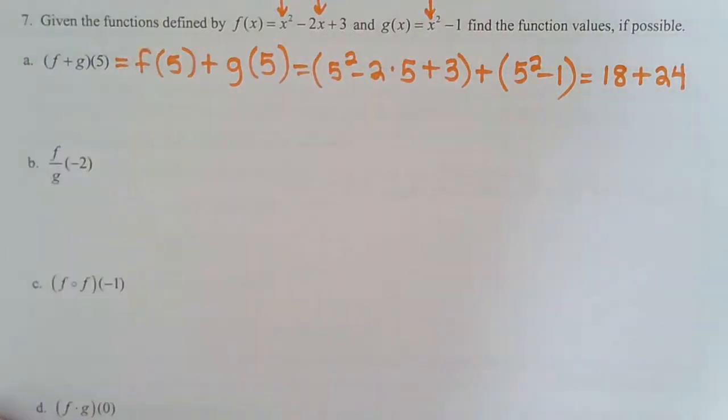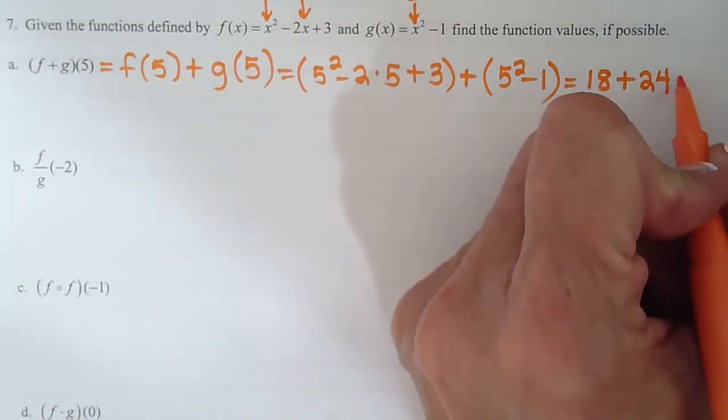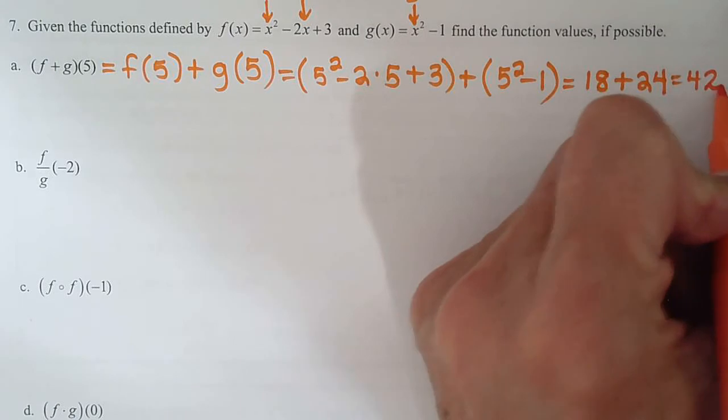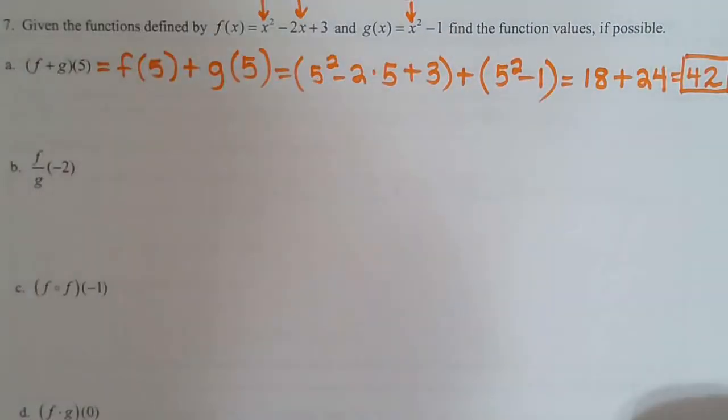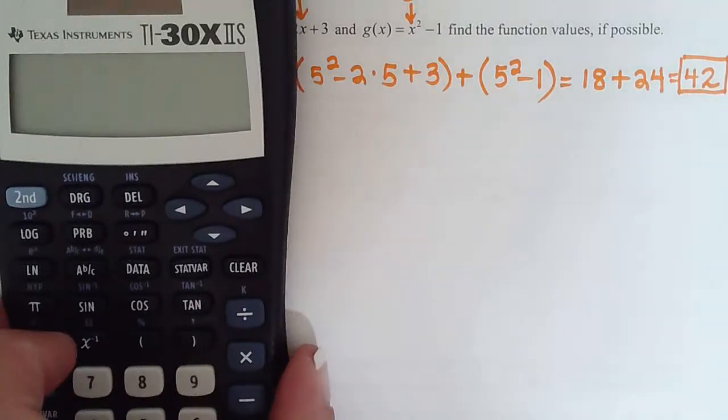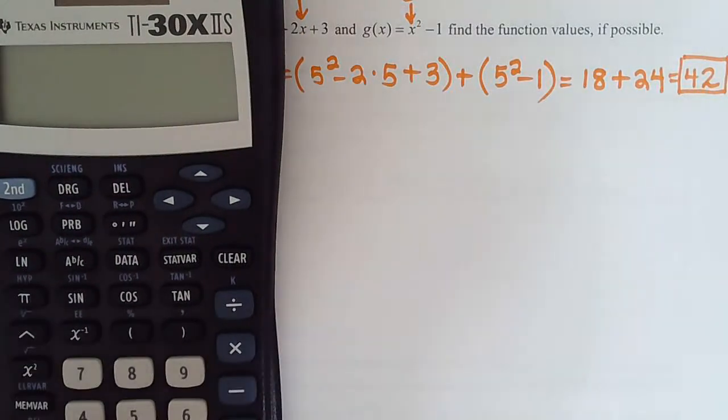And that gives us a grand total of what, 42? And if I was on a test, I would probably back that up with the calculator. So let's go ahead and do that. We can do it all in one step.